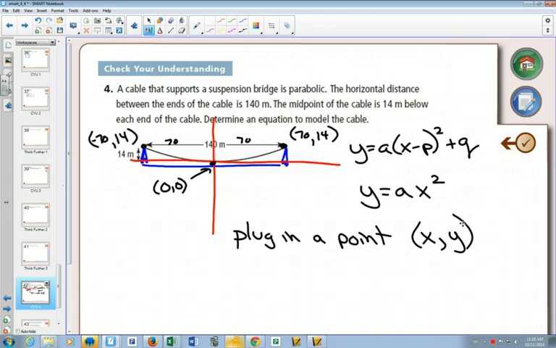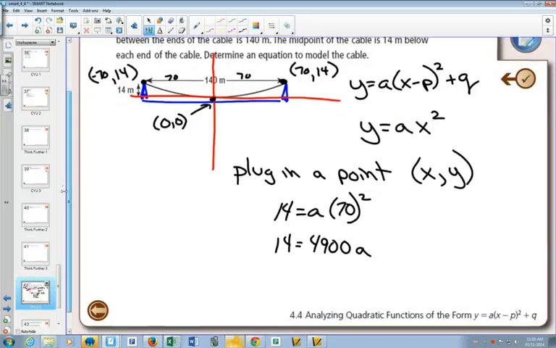So now I can plug in a point. I know that when y is 14, x is 70. We're going to get some big numbers here, because we're going to get 14 equals 4900 A once you square 70. And so A is equal to 14 over 4900, which I'm not sure, do they give a decimal, or do they just reduce it to a fraction? They reduce it to a fraction.